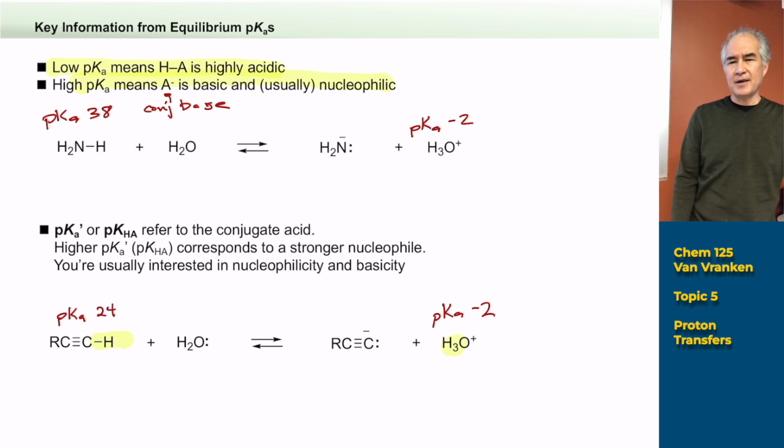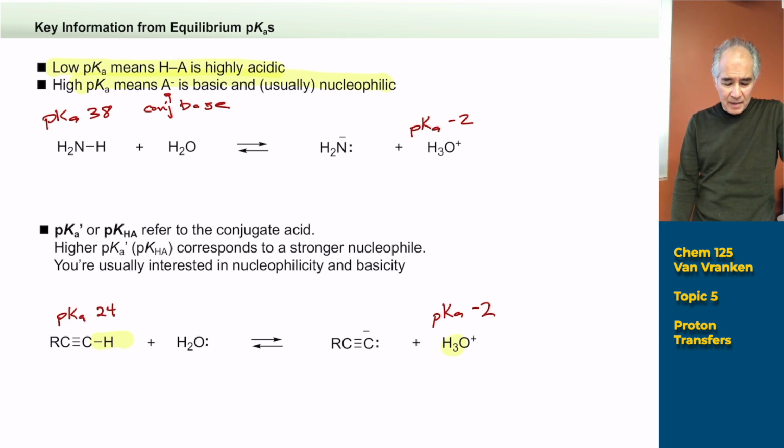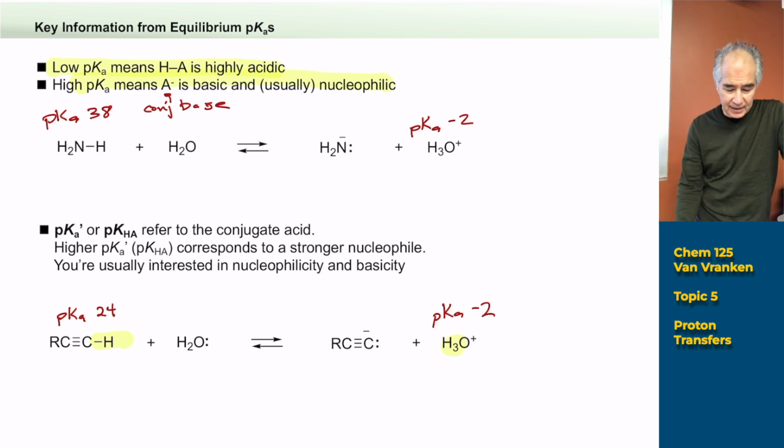Now, if you take an introductory organic chemistry class, they tell you about the acidity of these CHs. They would quote you a number, 24, 25, somewhere in that range, to tell you something about this. And this tells you a lot. So remember, higher pKa means the conjugate base you generate is more basic. So here's what we're going to do: we're going to introduce a new type of pKa.